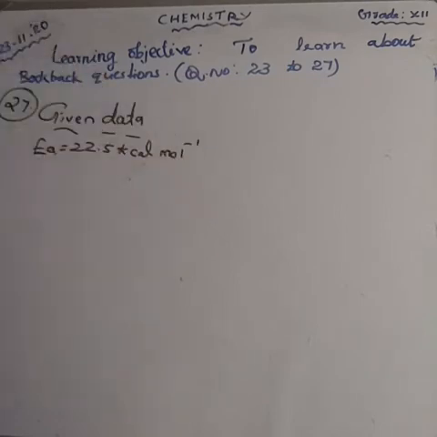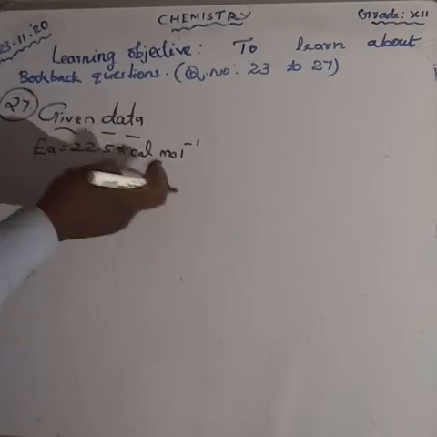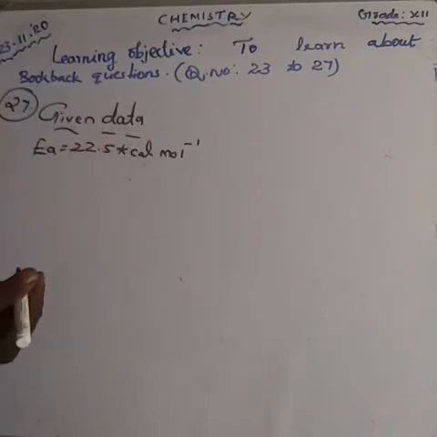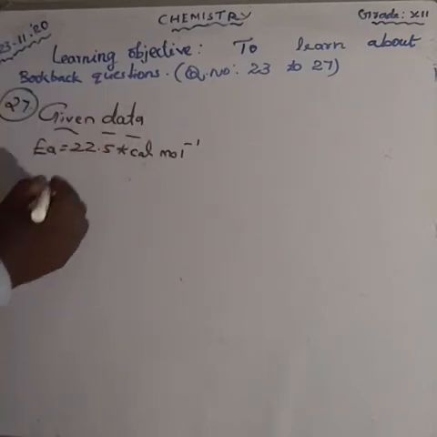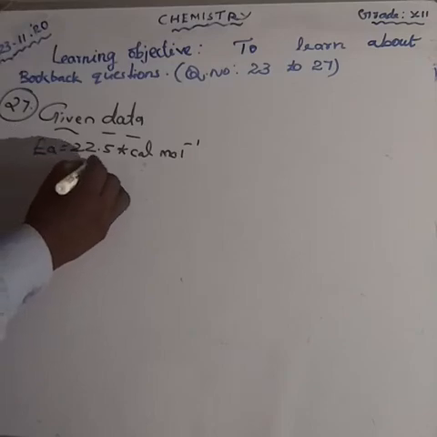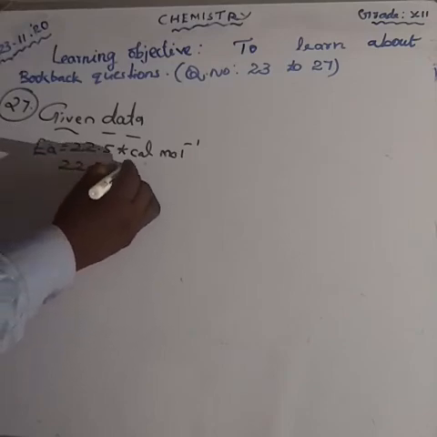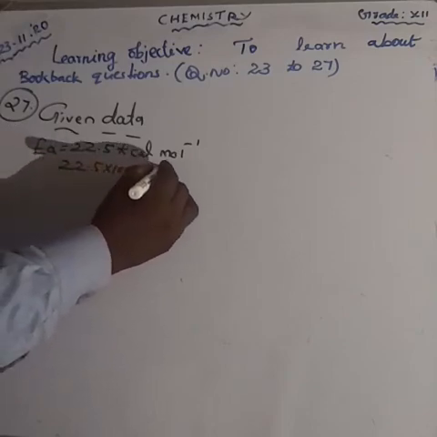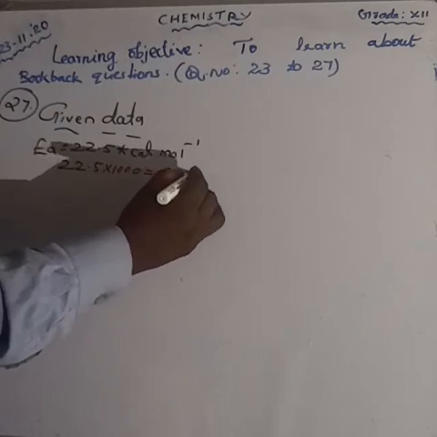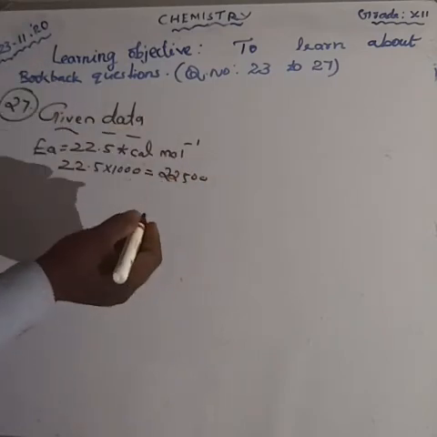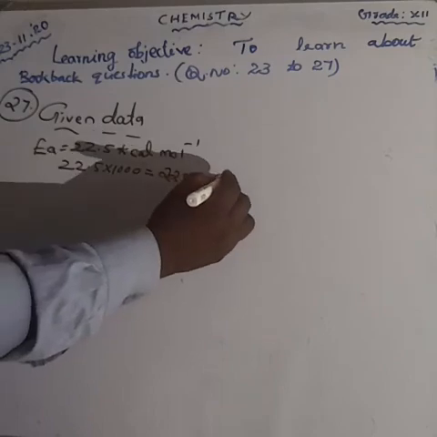We have to multiply by 1000 to change the kilocalories. Multiply by 1000, it will become calorie. 22.5 into 1000 is equal to 22,500. Converted into calorie, that is cal mole inverse.